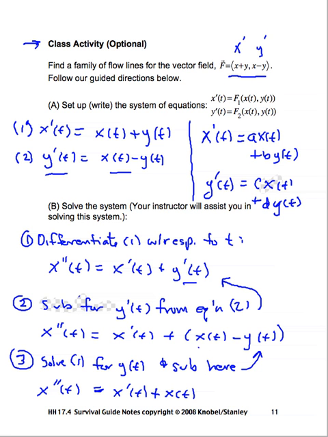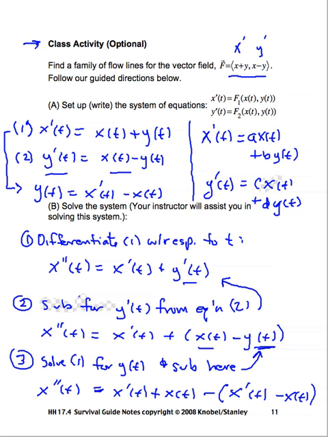That's this guy here. Now y of t, if you look at equation 1 and you solve, what you get is that y of t is equal to x prime of t minus x of t. So if I replace y of t here with that, what I'm going to get here is minus x prime of t minus x of t.